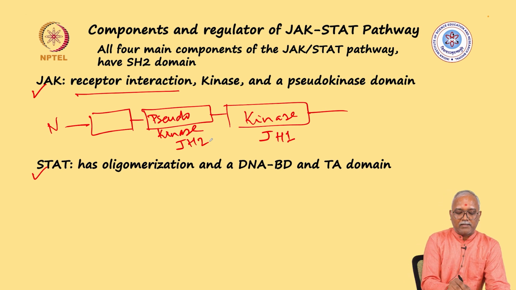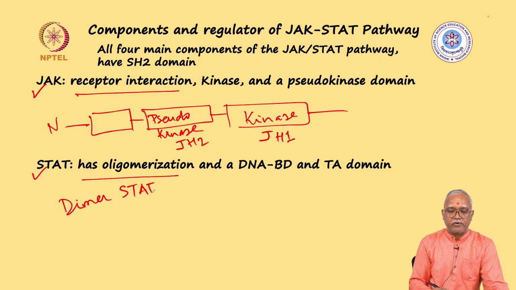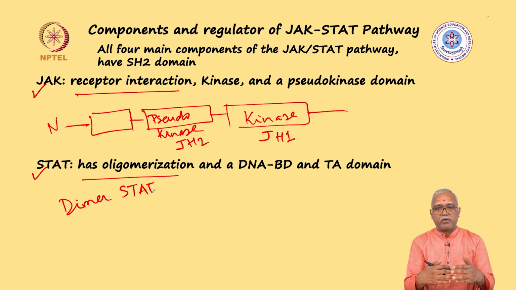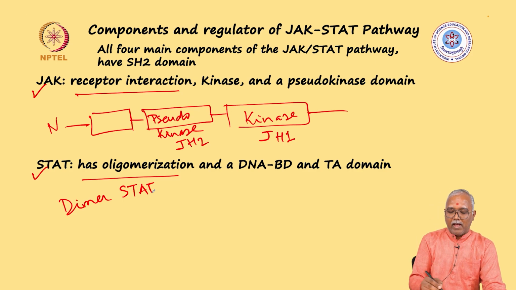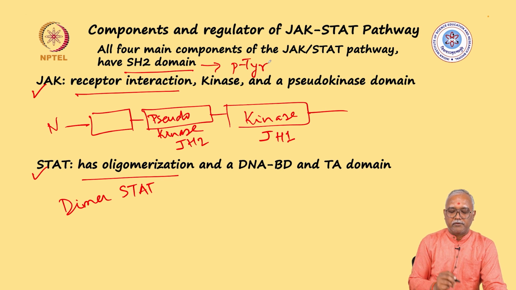Then we have a STAT molecule which has the oligomerization domain. Obviously, you saw that minimum dimer-like STAT formation was happening, which was making it move into the nucleus. So, it should have a protein-protein interaction dimerization domain. I want to mention here that all these molecules recognize and fall in place by virtue of having this SH2 domain, which will recognize the phosphotyrosine residue.